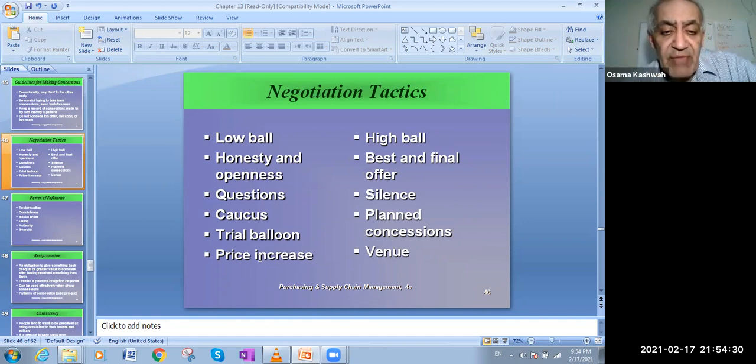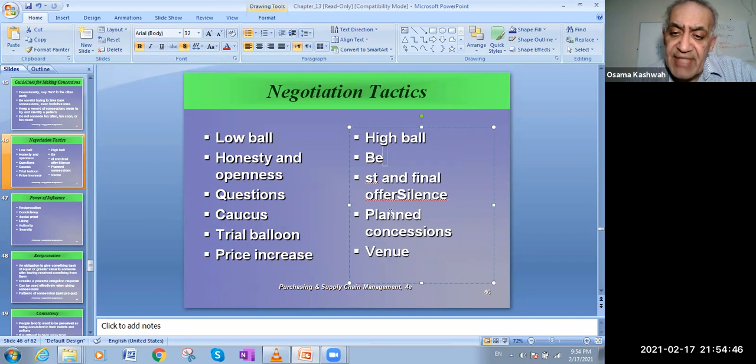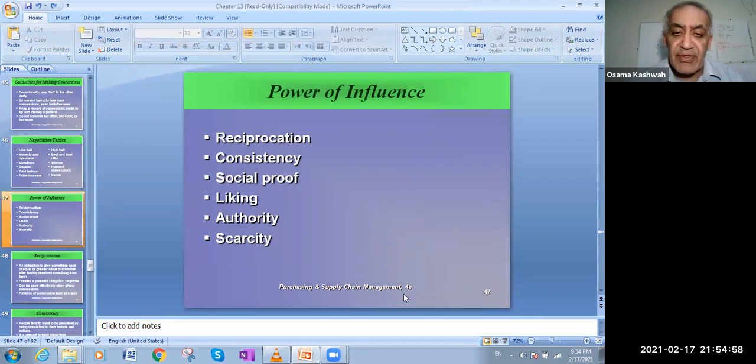Actually, we have lowball, honesty and openness, questions, caucus, trial balance, price increase, high ball, best and final offer, silence, just to keep silence, planned concession, and venue. Those are all ways for convincing and for negotiation.